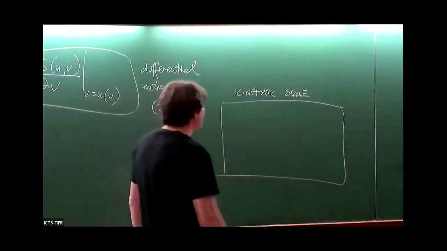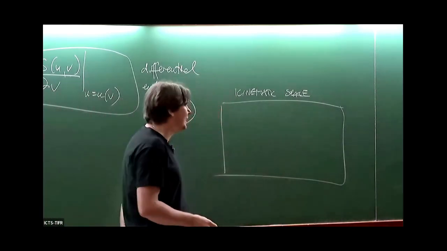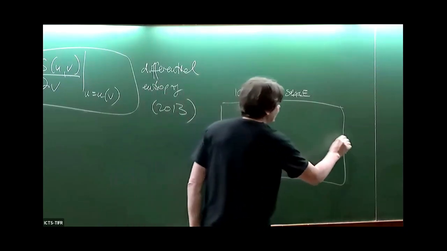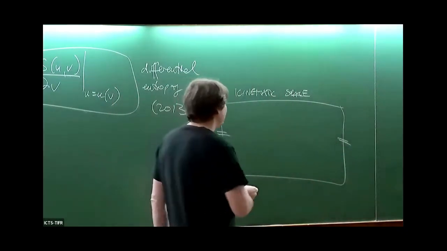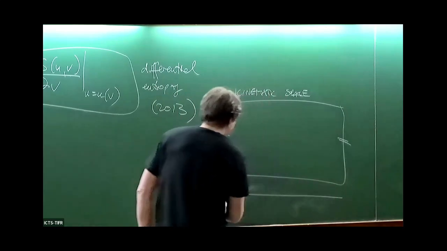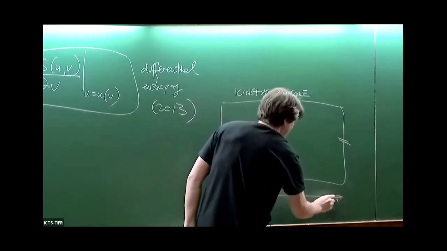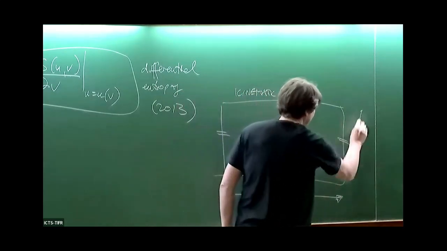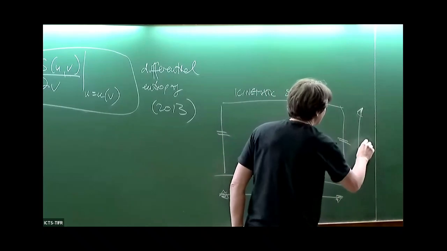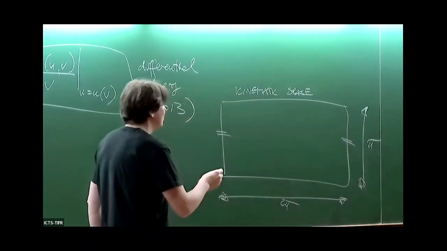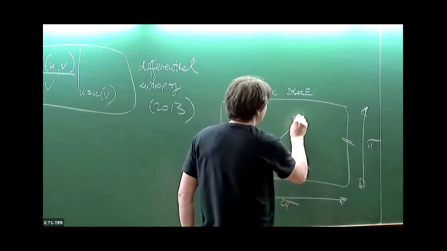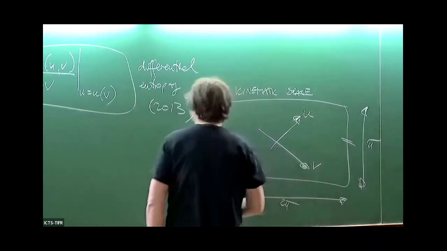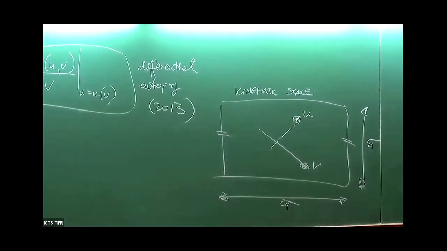So now kinematic space. It's a two-dimensional space where these two things are identified. So it's a piece of cylinder, and the size of the cylinder in the horizontal direction is 2 pi, and the size of the cylinder in the vertical direction is pi. I want to introduce two coordinates on it, and those coordinates are precisely u and v, which are the same u and v as here.